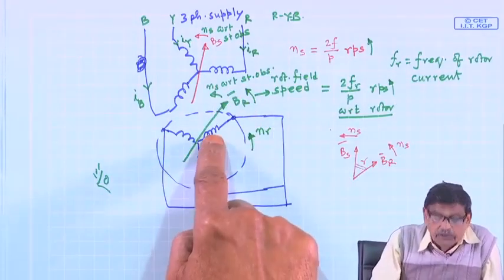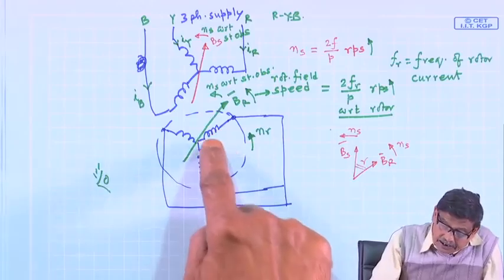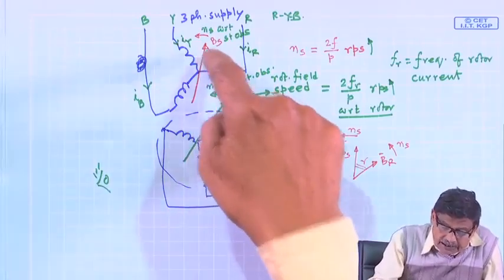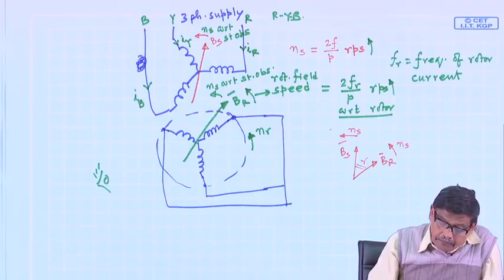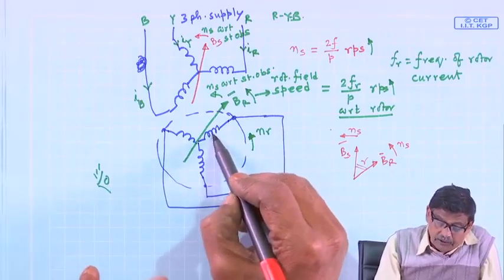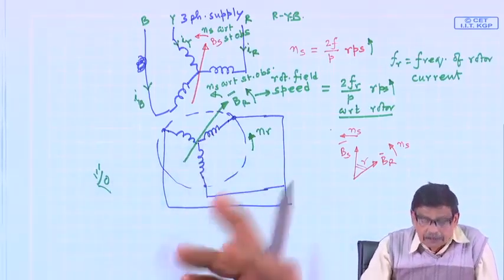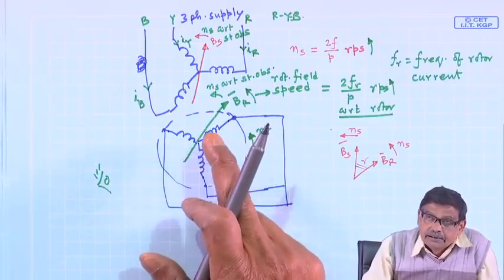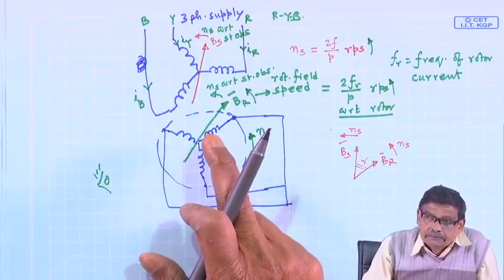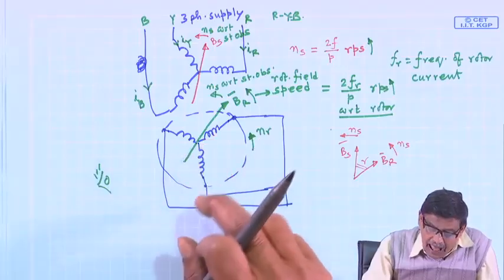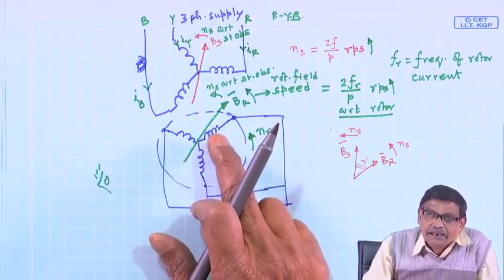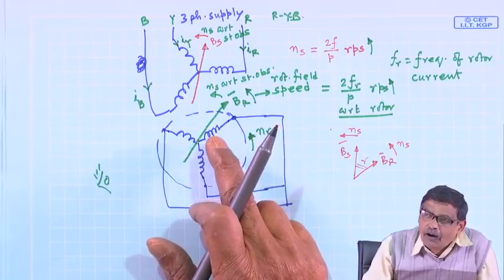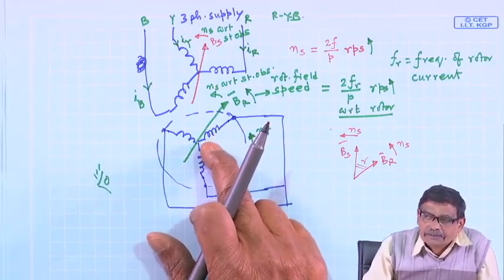Similarly, the rotor induced voltage will be because of Bs as well as Br. If you are sitting on the rotor, what will you observe? Bs is moving with a speed ns minus nr, and the rotor field is also moving with a speed ns minus nr.